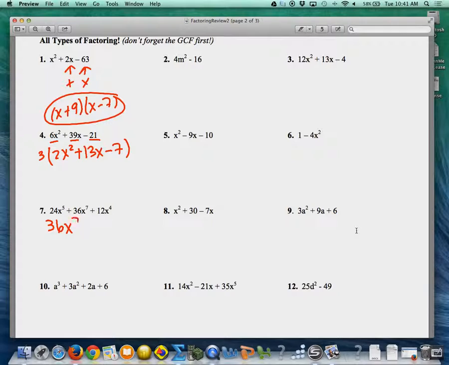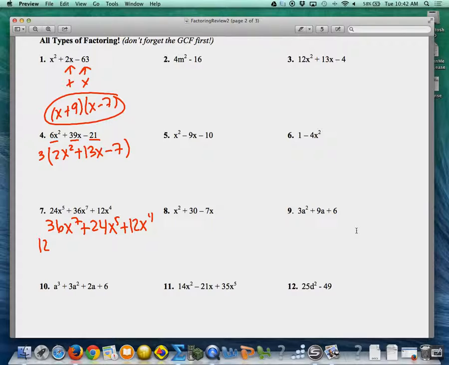So we have 36x to the 7th, plus 24x to the 5th, plus 12x to the 4th. Okay, what number can I take out of all three terms? Jordan? I could take out a 12.